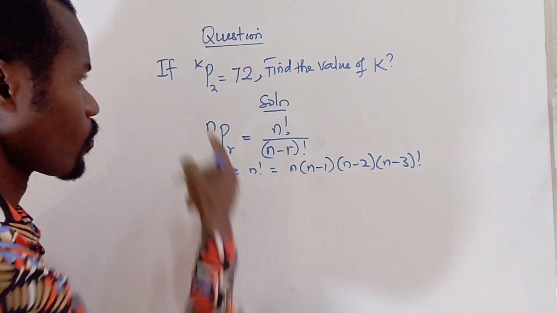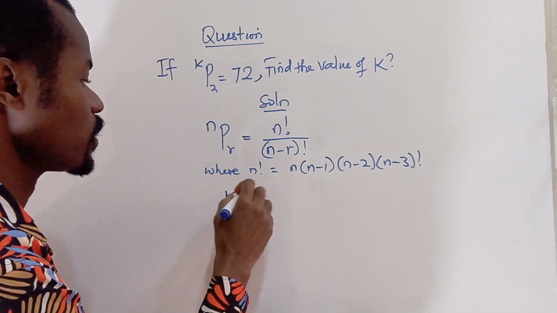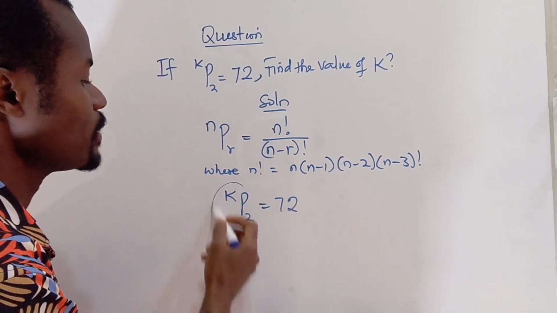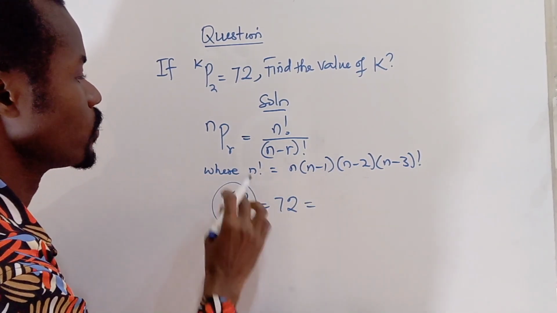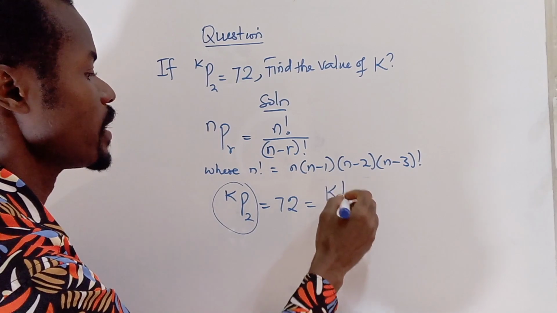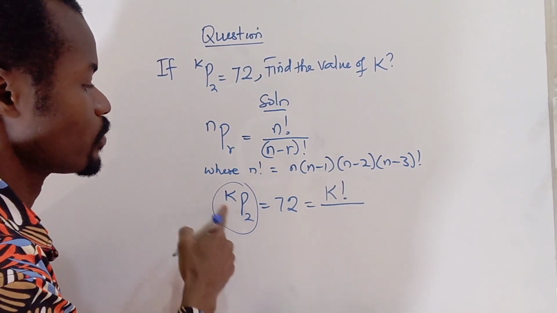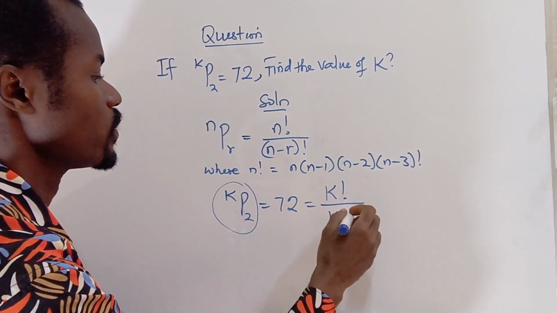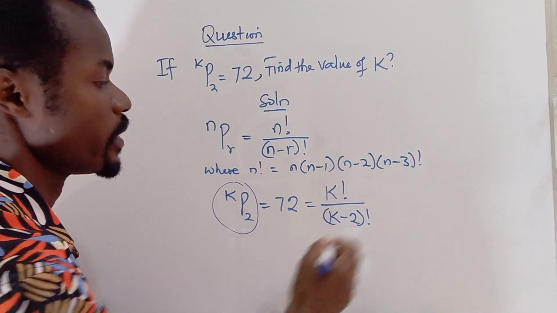So let's write k permutation 2, which is equal to 72. Now this part we are going to express in this form. So I'll write k factorial divided by k minus 2 factorial.